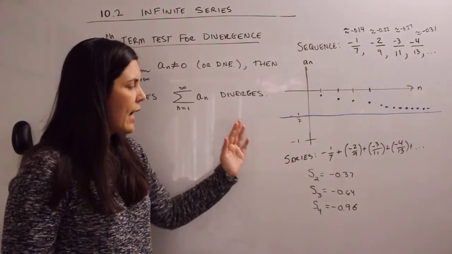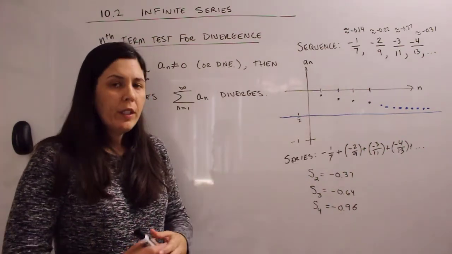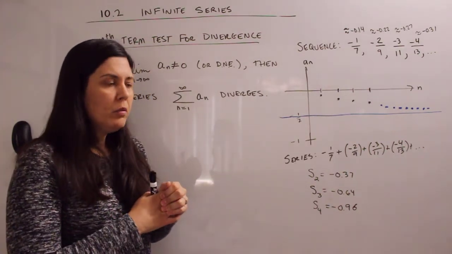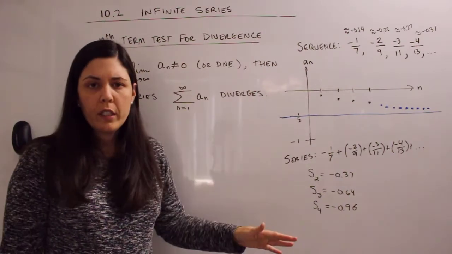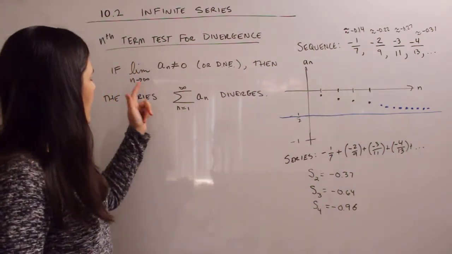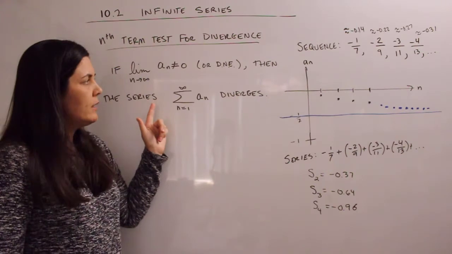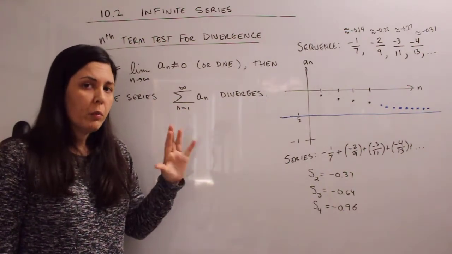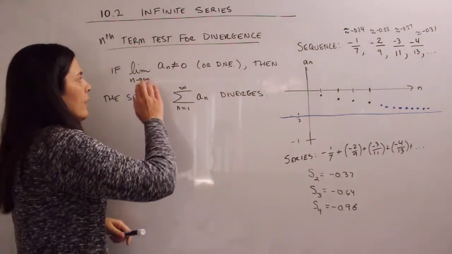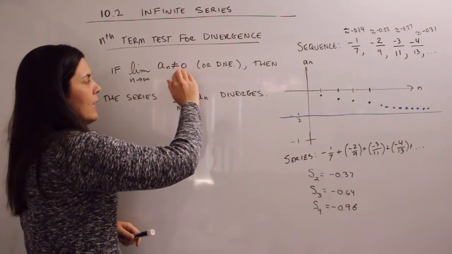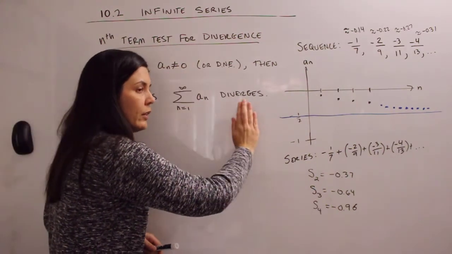So the difference is, if I add up the terms, is it going to converge to some value, or is it going to go to infinity or negative infinity? Now, what I mentioned was that the opposite of this statement is not true, so be careful about that. If the limit of the sequence is not 0, the series diverges.